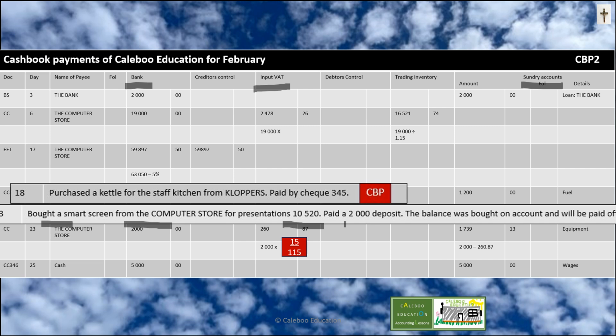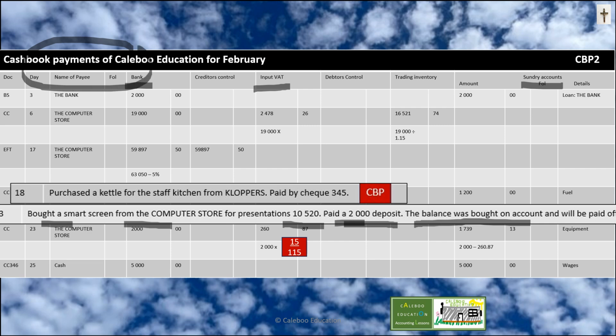Now we paid a $2,000 deposit, and the balance is going to go on account. So all we need to record here is the amount that has caused the movement in our bank balance. At this point, we have only spent $2,000, the $2,000 deposit.